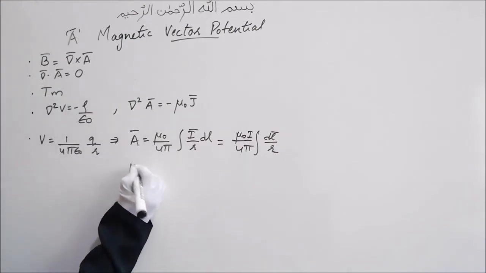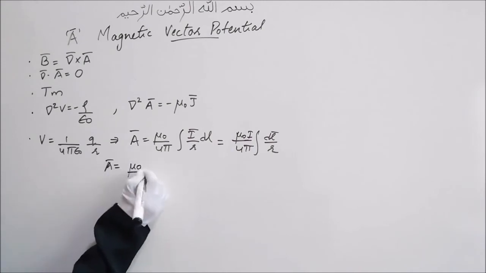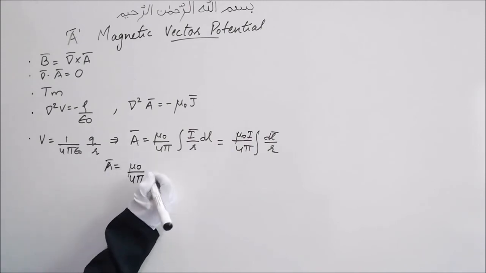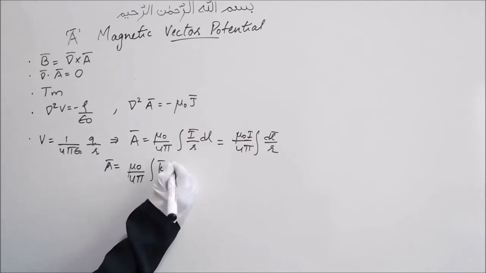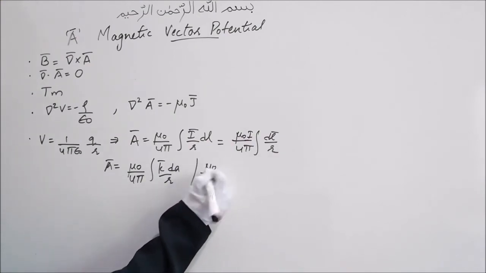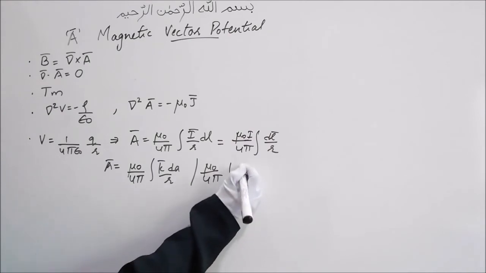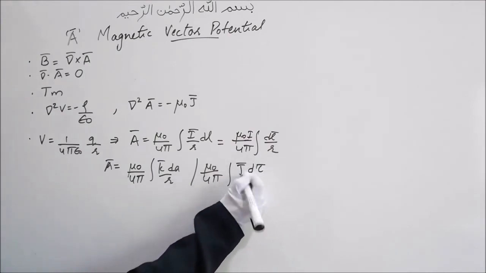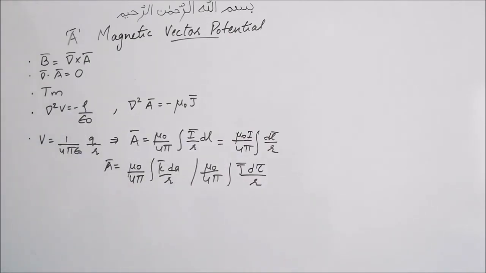In terms of surface currents, we have mu naught upon 4 pi integral of K dA upon R, and in terms of volume currents, we have mu naught upon 4 pi integral of J d tau upon R.